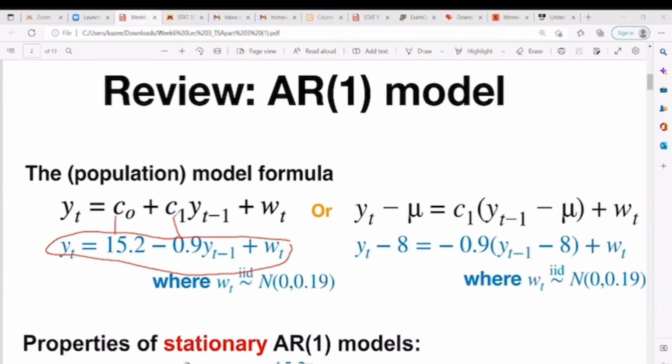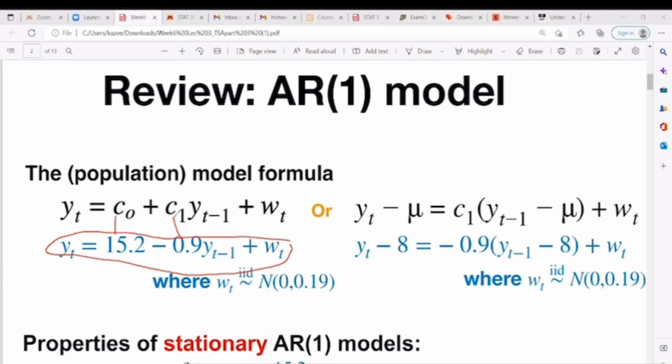I'm going to show you how you can estimate parameters in an autoregressive model of order one, just like what we did in linear regression, where we estimated the linear regression parameters. I'm going to walk you through how you can estimate the parameters in the autoregressive model of order one. The parameters we want to estimate are C0 and C1.